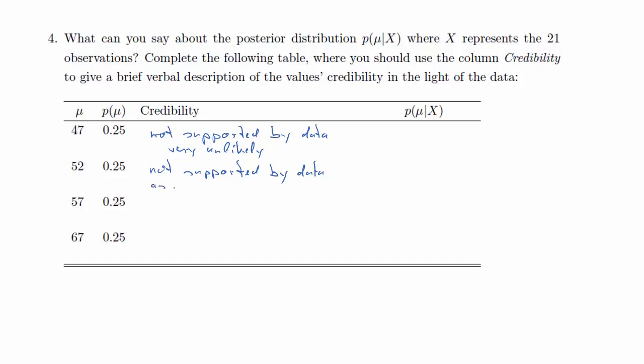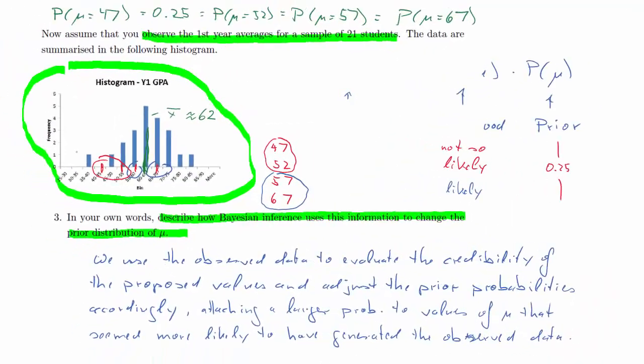If you look at the data, we'll go back to the data in a moment, you will see that at least 75% of the data are actually larger than that mean. And from a sample of 21, that would be quite unlikely. So let's look at the data. If we look at the mean of 57 about here, the data to the right, the data which are larger, is about 75%.